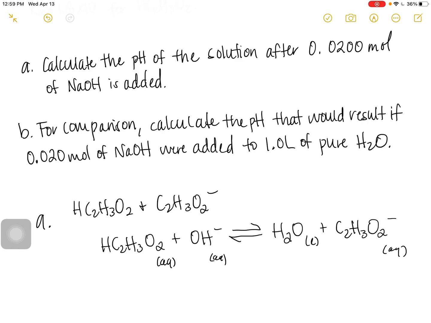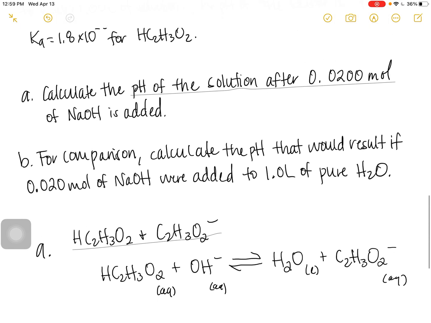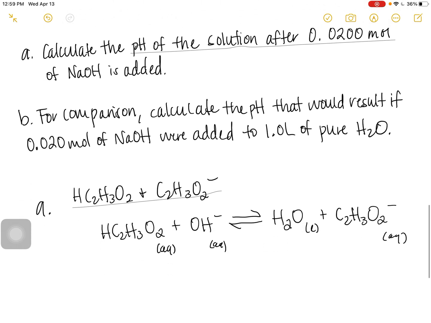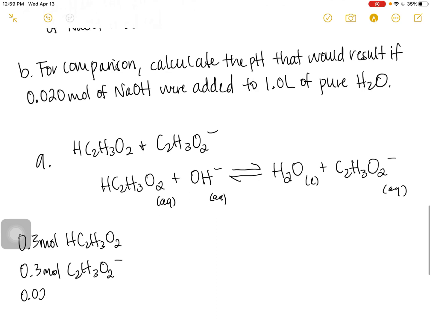So this is where we have to consider this from a stoichiometric perspective, and then as an acid-base calculation. If we think about this from the stoichiometry, let's keep track here. I have 0.3 moles of the acid, I have 0.3 moles of the acetate, and I have 0.02 moles of the OH minus.